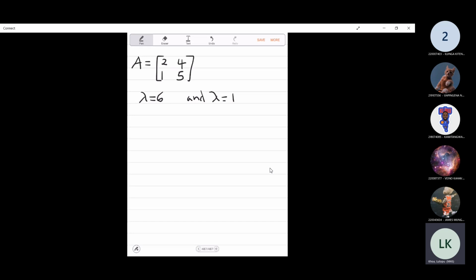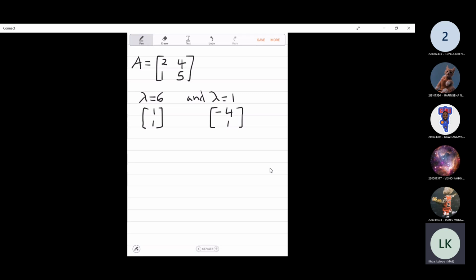So the first one was 1, 1, the usual one. And then with the other one, our usual eigenvector was -4 and 1. So this is one question that we worked out already.